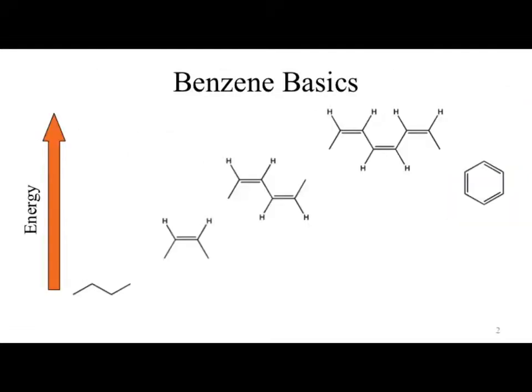So, let's take a look at our Benzene Basics. Okay? And this will come back to the last quiz, which dealt with the heat of hydrogenation. So if we look at an energy diagram for some basic structures here, energy is going up on our left-hand side, and what we're looking at is increasing the energy. So if we compared an alkane, which is what we've got down at the bottom, and we want to compare that to, say, the next structure.